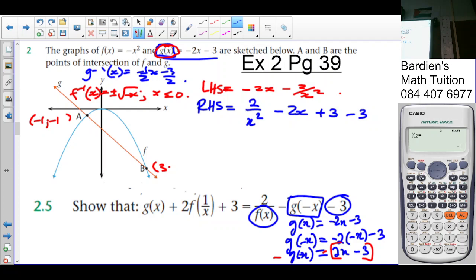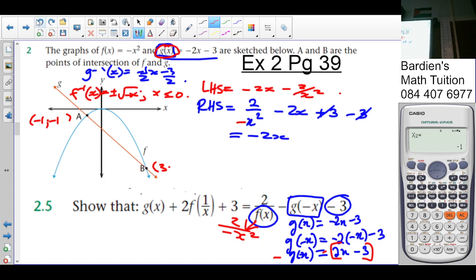Okay? So this cancels. Leaves you with minus 2x plus 2 over f of x. I think I made a mistake here, no? I should have put a negative here, because f of x was negative x squared. So 2 over that, I've shorted the negative.